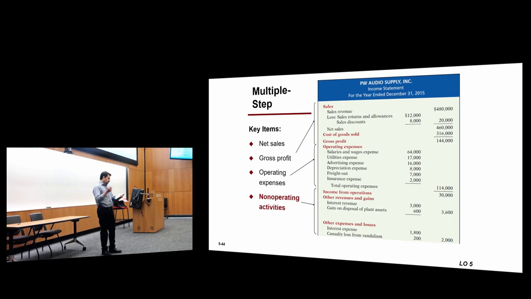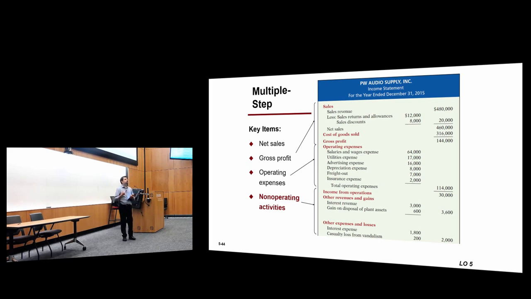So this is where you have, for example, interest revenue. You might have dividend revenue. This is if Best Buy has invested in Apple's stocks. When Apple declares and pays dividends, Best Buy will receive that dividend because they are investors in this case.